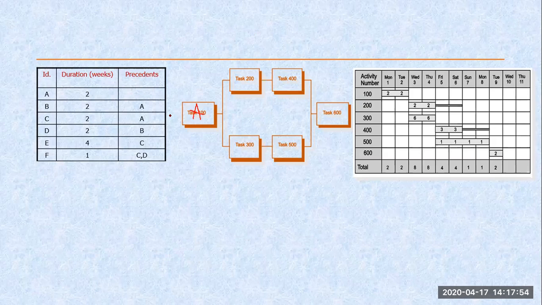Okay, so now you can draw the network. So in this network, A has no dependency, so that's why this is A. And after this, 2 nodes. Which are the 2 nodes?